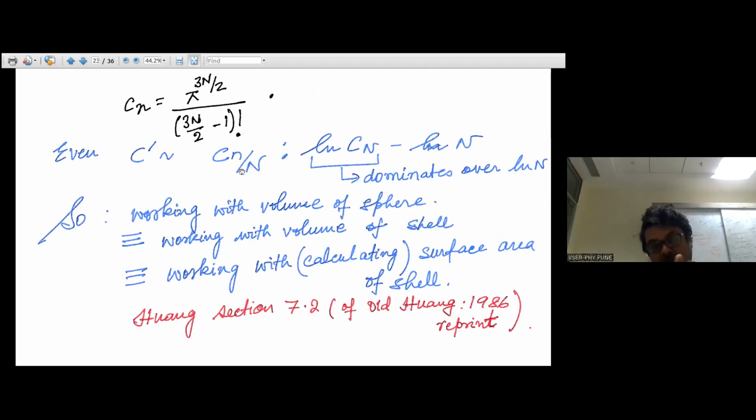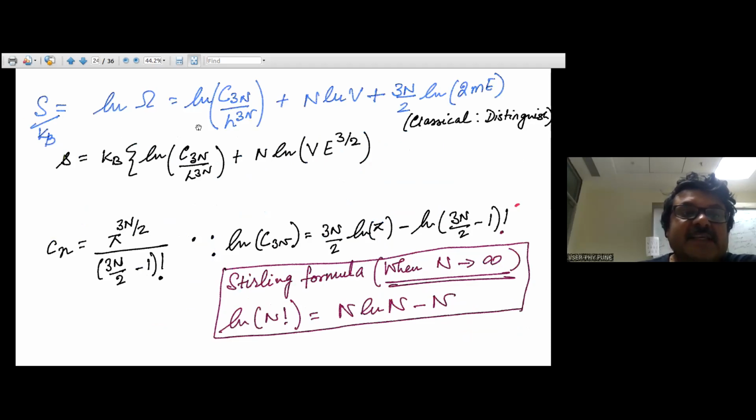So we could as well, for the next discussions, work with the volume of a sphere and work with this expression, S equal to kB log omega, and this essentially, these terms, this constant came with respect to the calculation of the volume of a sphere, and n ln v, this anyway doesn't contribute. This was the unit volume of phase space. This was a constant which was 3n by 2. So it looks basically like this, right?